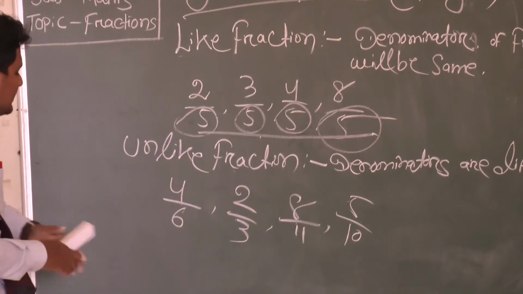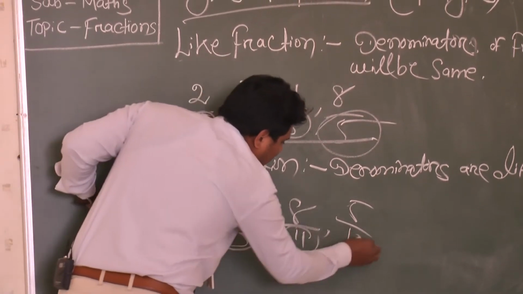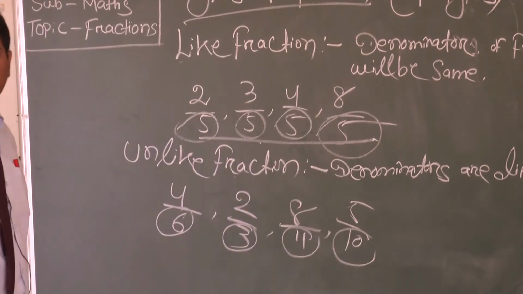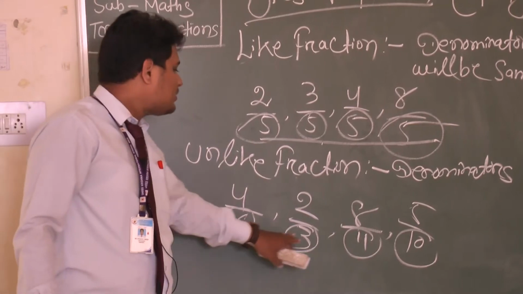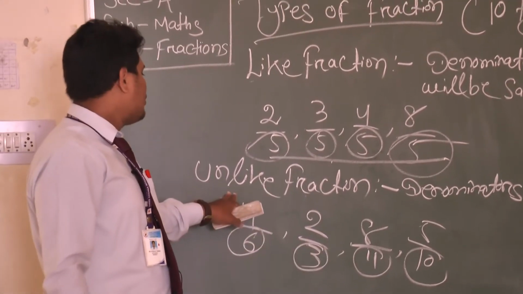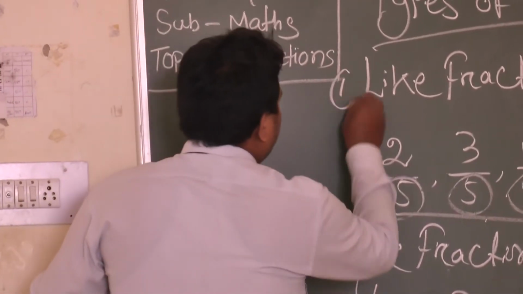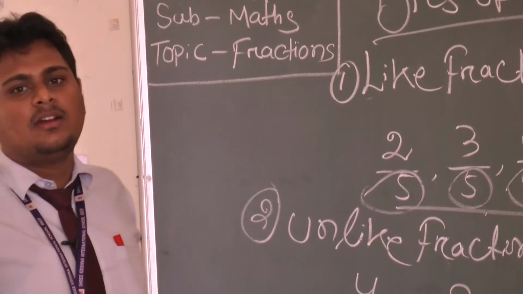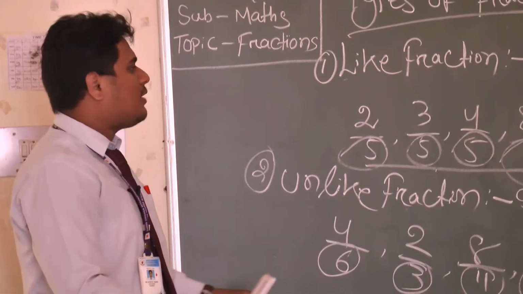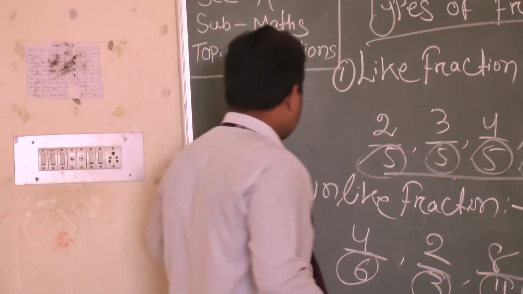The denominators of all fractions are different. Yes or no? So if the denominators of fractions are different, that is known as unlike fraction. So we discussed two fractions, one is like, another is unlike fraction. Now we will discuss proper and improper fraction.